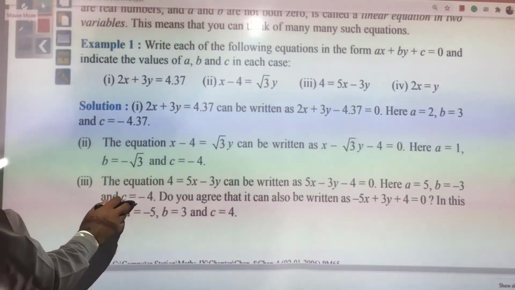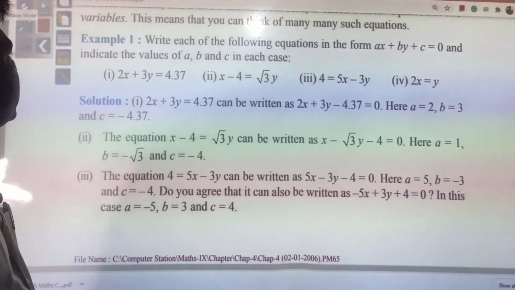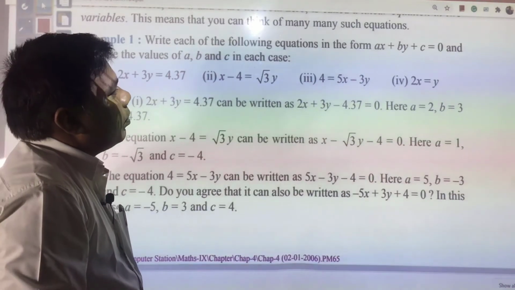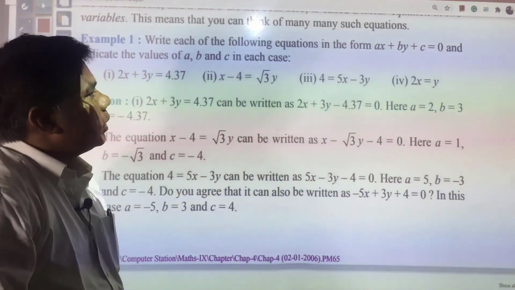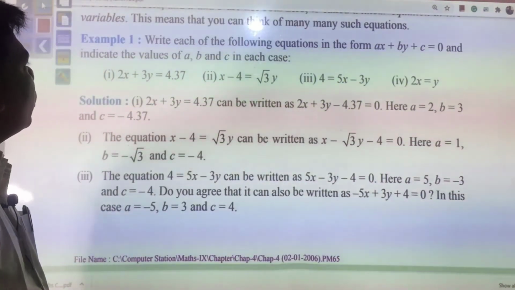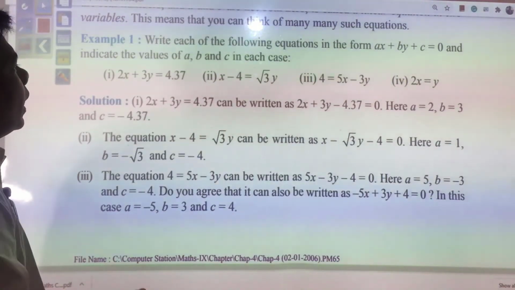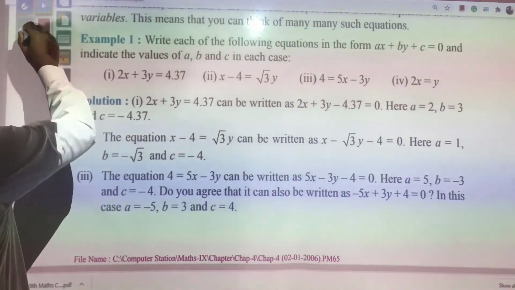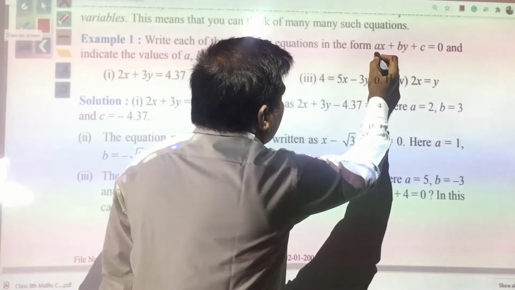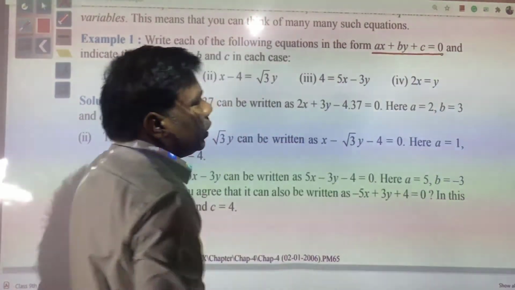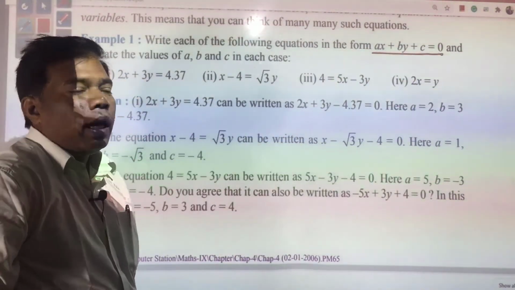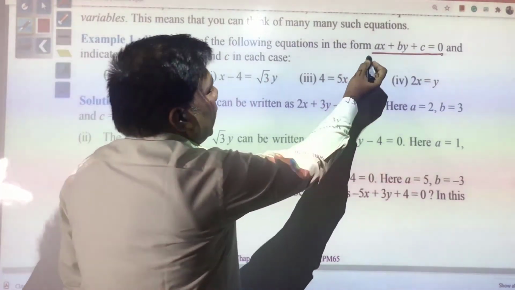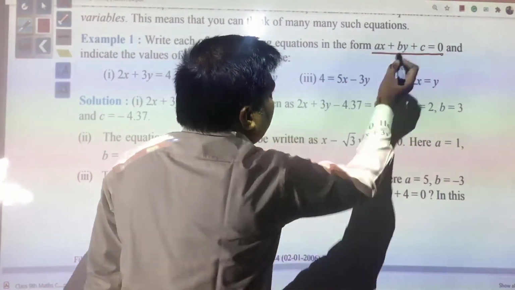First example: write each of the following equations in the form ax plus by plus c is equal to 0 and indicate the values of a, b and c in each case. Here we need to write all the equations in this form and also indicate the values of a, b and c.